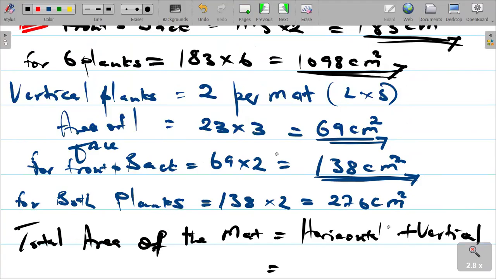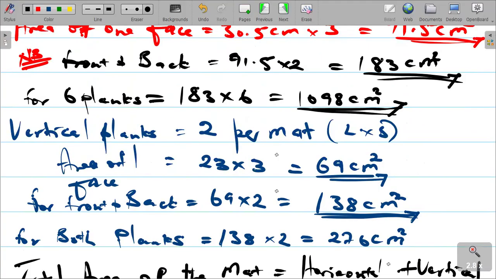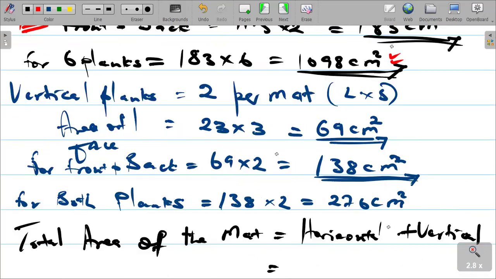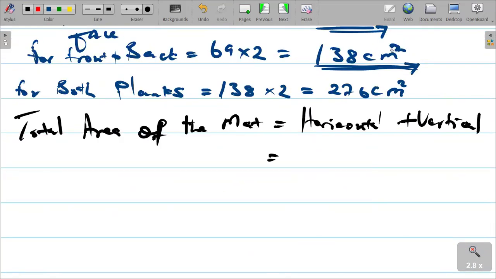Our horizontal, for 6 planks, is 1098 square centimeters, plus our vertical, which is 276.